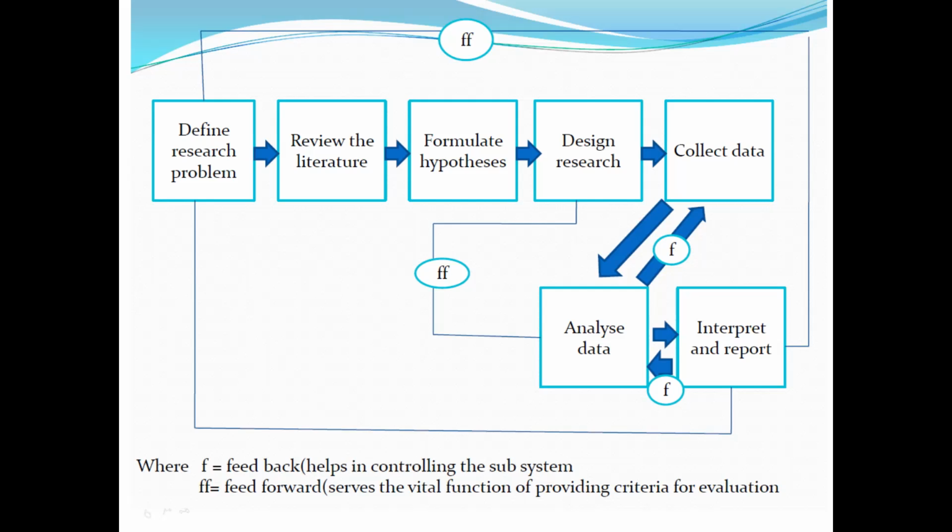Any specific problem may lead to a different kind of research, and that gives us an idea of what our question of interest could be. That question gives us many hypotheses, which are nothing but sub-questions under the main question.